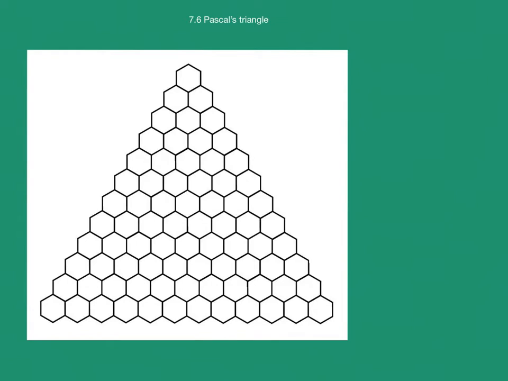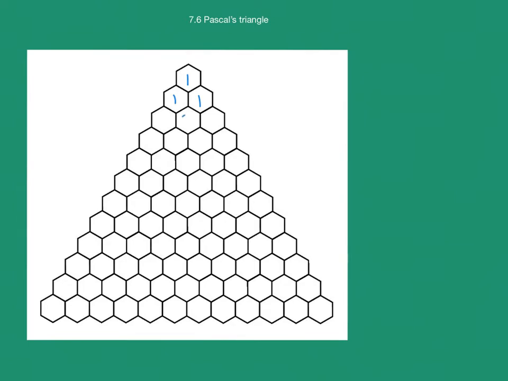And we simply start with a 1 in the first bubble at the top of the pyramid. And I'm going to write a 1 here as well, and a 1 here as well. And the rule is simple. Whenever you have a new bubble, you have to look at the cells above it and add those together.